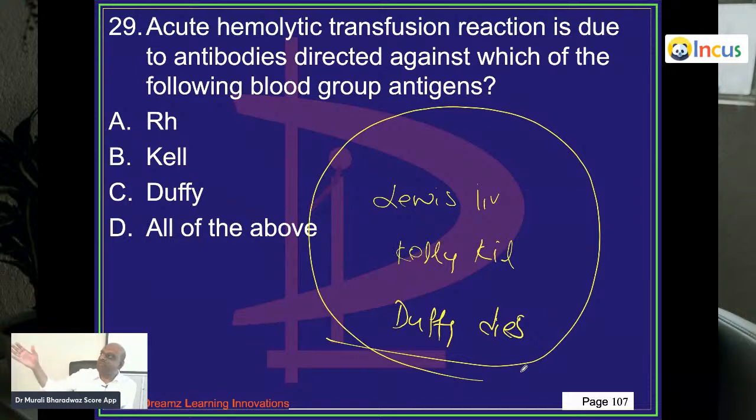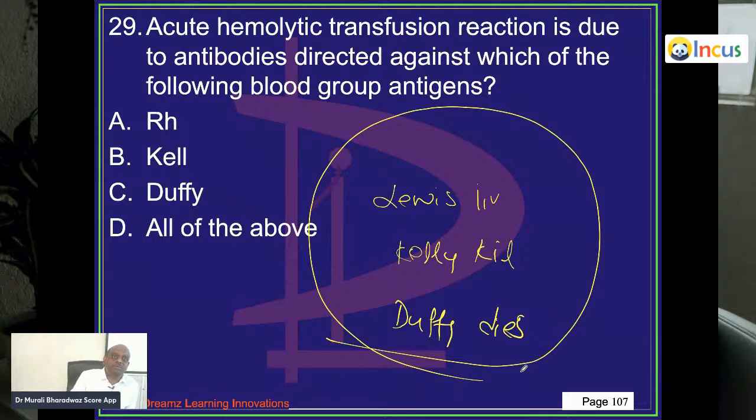Because during the transfusion of Ramaya's blood to Venkaya, we will only do ABO testing and Rh testing. We don't do it for Lewis, Kelly, Duffy and all. And because of that, one has it, the other doesn't have it. If you transfuse one's blood to the other, these minor blood groups will create antibodies and that can attack the RBCs.